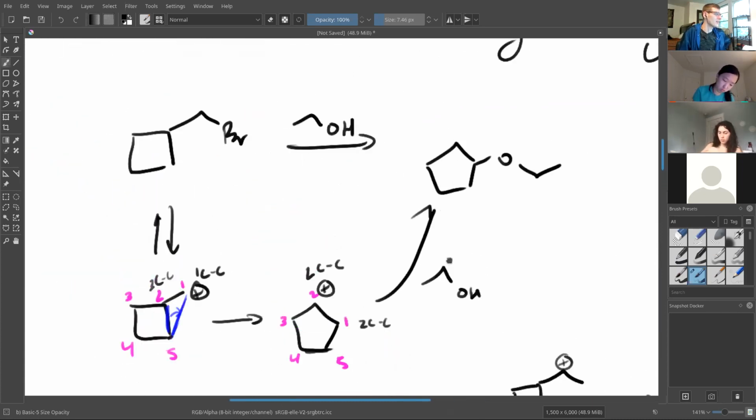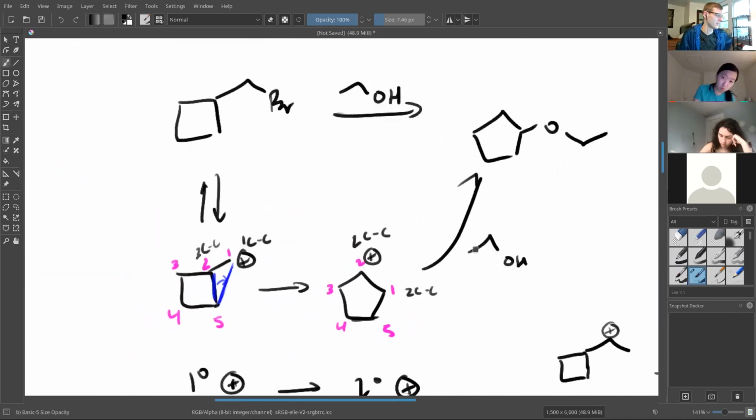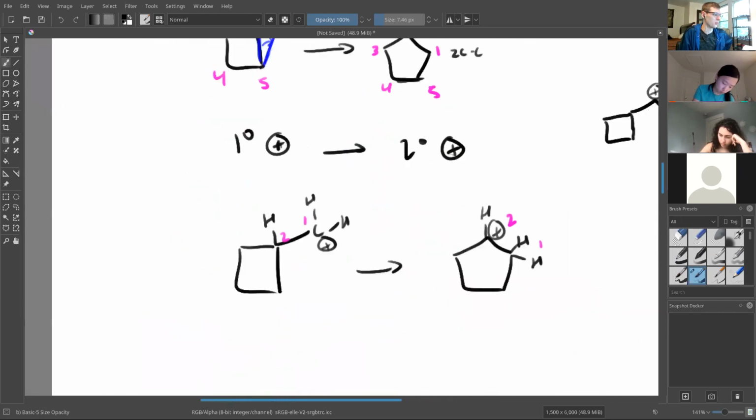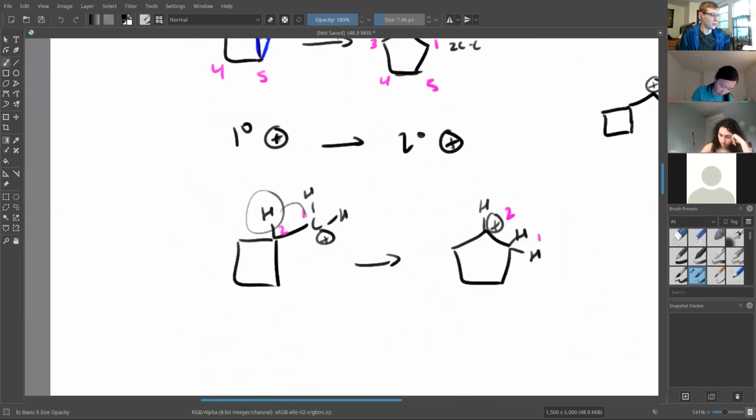This example that I gave is actually a little bit weird because, well, I could do a hydride shift, right? I'm able to do it there. But relieving that ring strain is also really favorable. So sometimes you would get a hydride shift, sometimes you would get a ring expansion. It doesn't hurt to draw both as products. Okay, thank you.